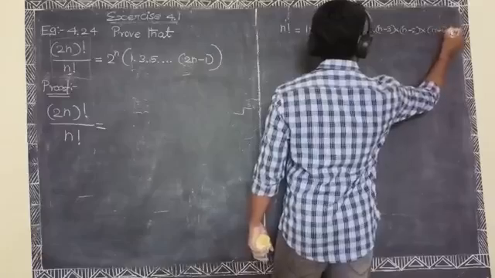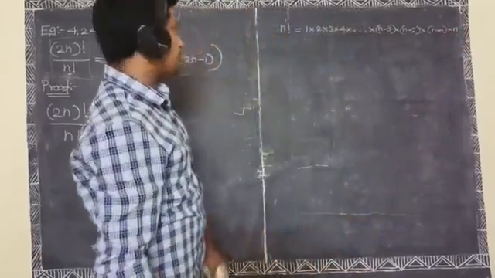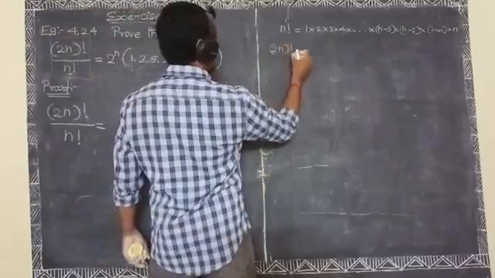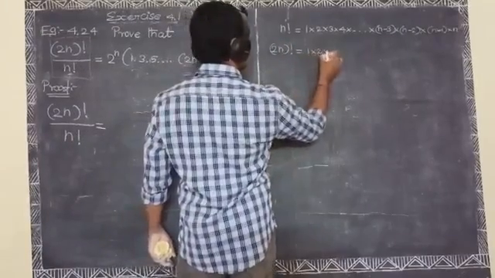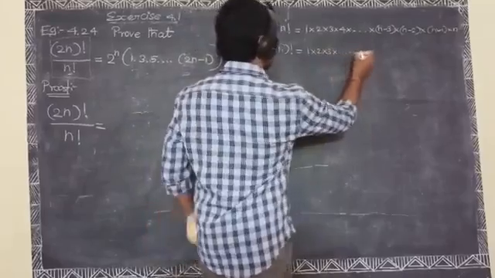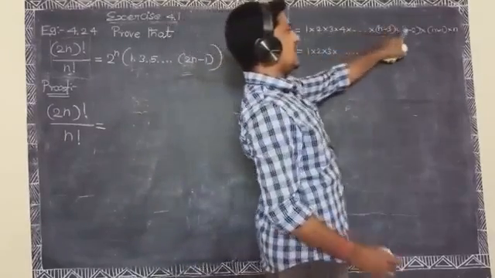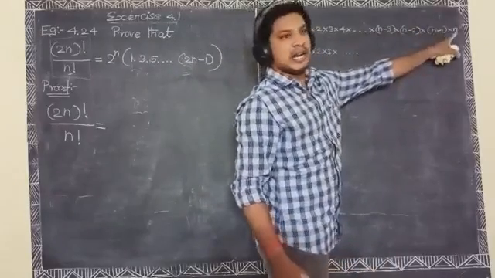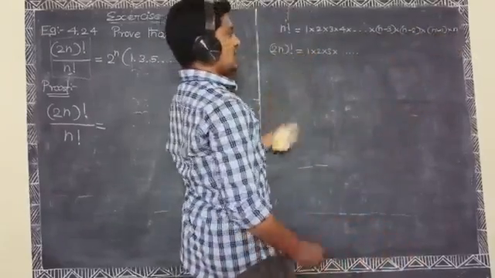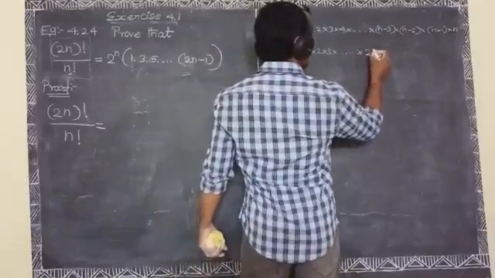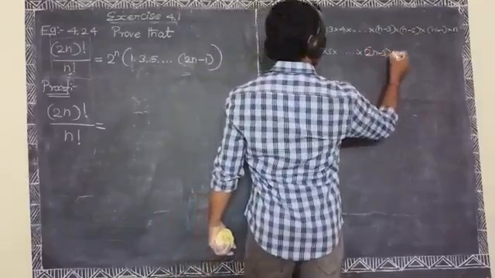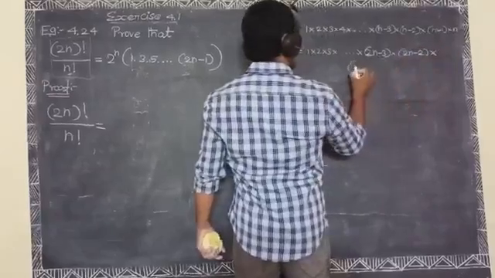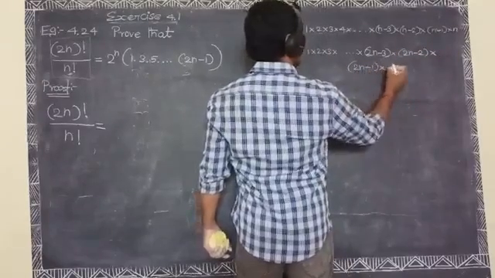Here 2n factorial means 1 into 2 into 3 into and so on, up to 2n minus 3 into 2n minus 2 into 2n minus 1 into 2n.